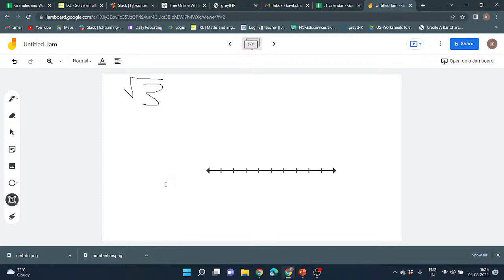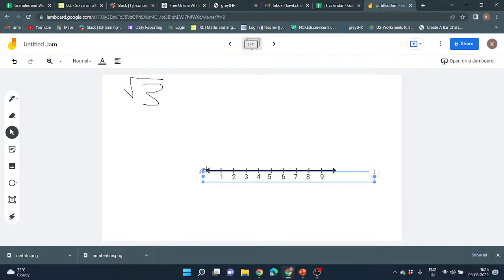Let's say the number line is starting from 1.